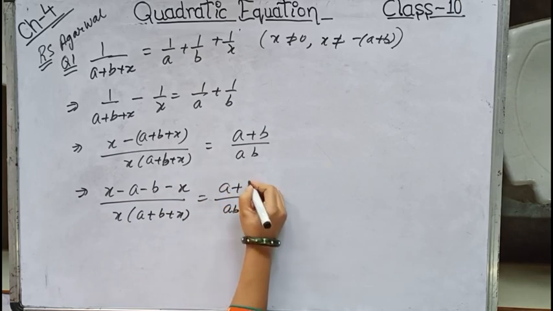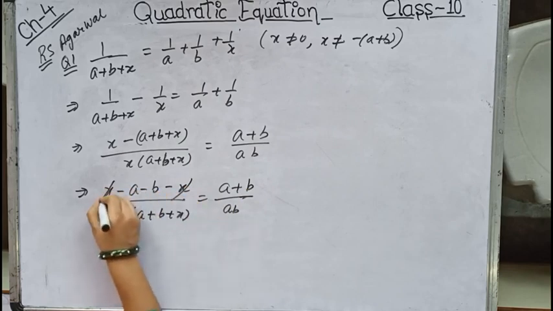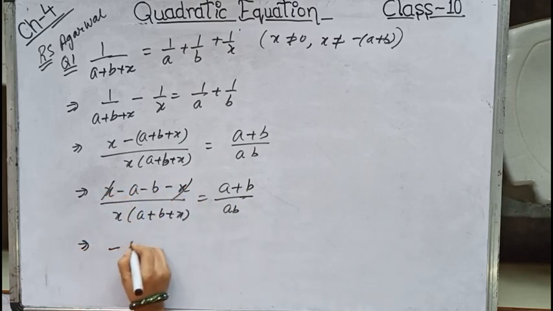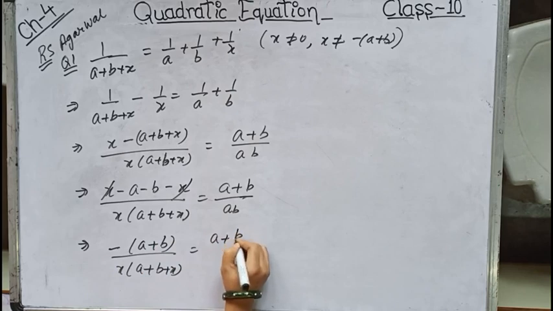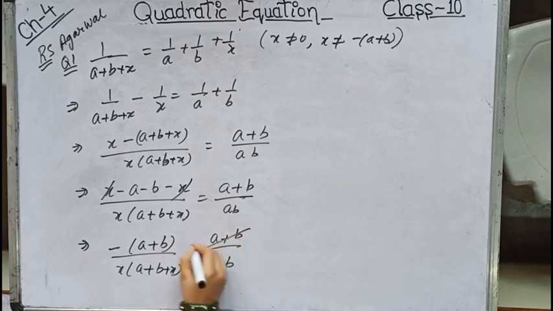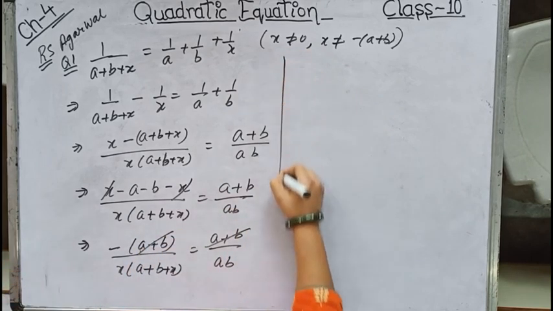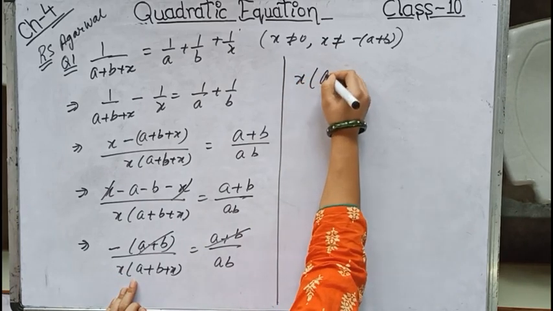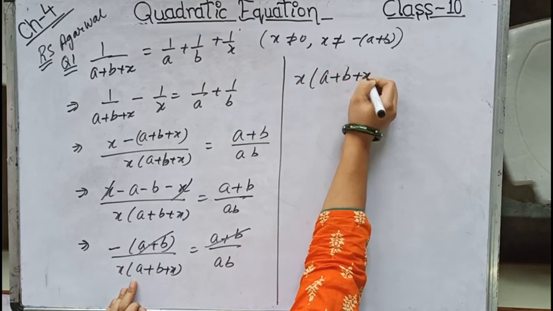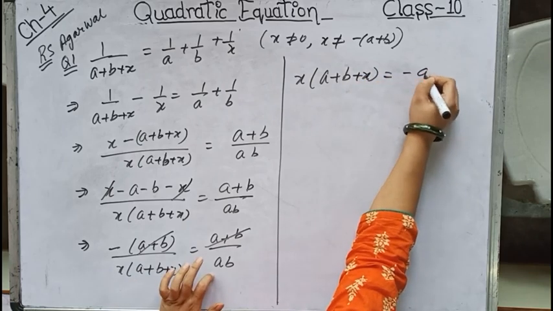Simple solving, children. Now this x will be cancelled, and over here minus of a plus b by x into a plus b plus x equals to a plus b by ab. Now this a plus b will be cancelled, and by cross multiplication we are getting x into a plus b plus x equals to minus ab.